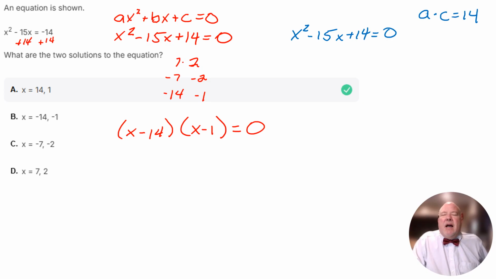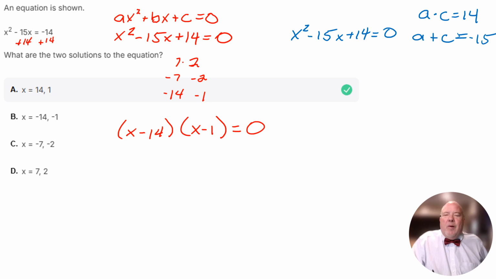And then I need two numbers that, when I add them together, these same two numbers, have to equal the b value. So it has to equal this number, which is negative 15.